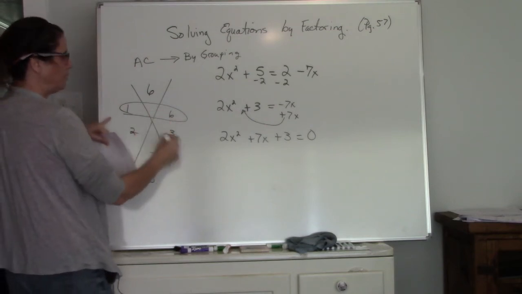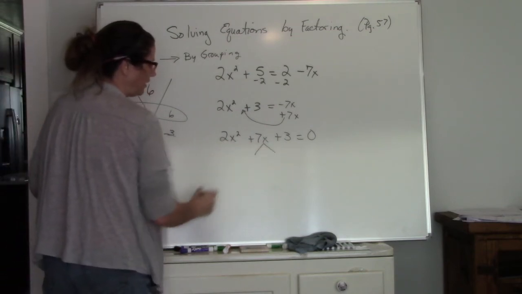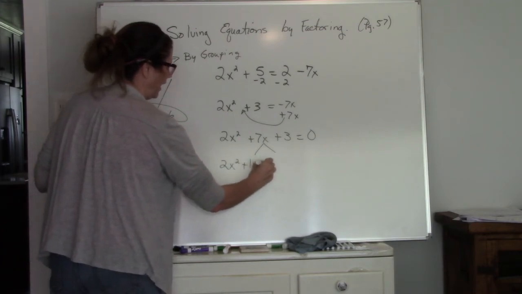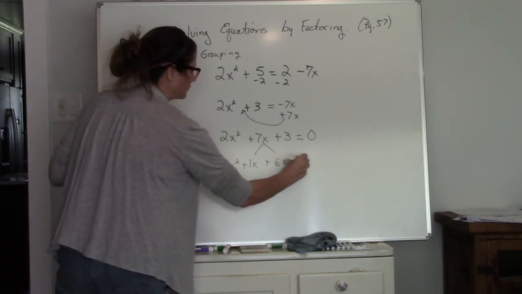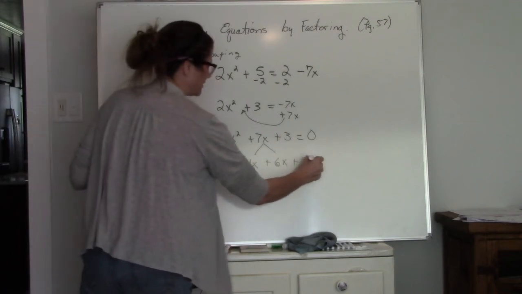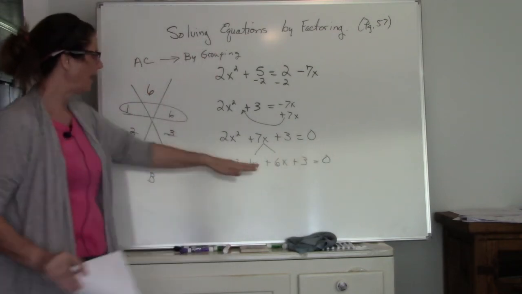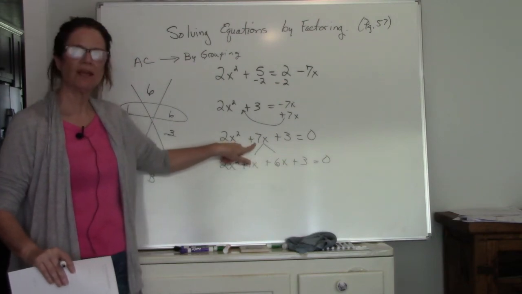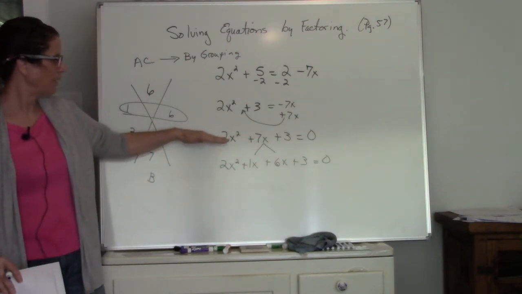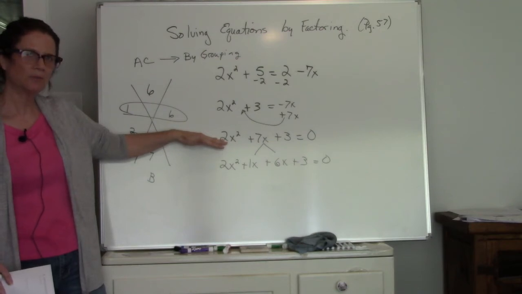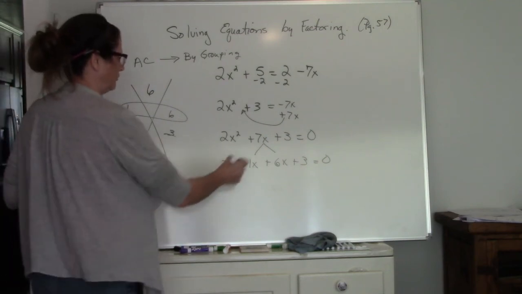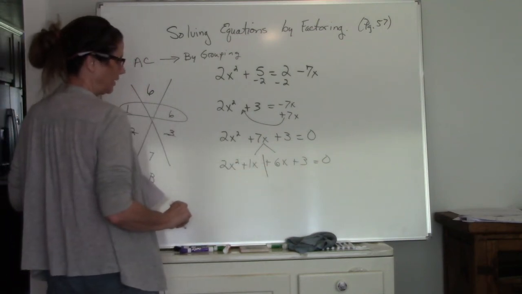So what I'm going to do is take this 7x and rewrite it as 1x plus 6x. So I haven't changed the value. 1x plus 6x is still 7x, but I've changed from a trinomial, a 3-term polynomial, to a 4-term polynomial. And now I can do factoring by grouping. So factoring by grouping, I split it.